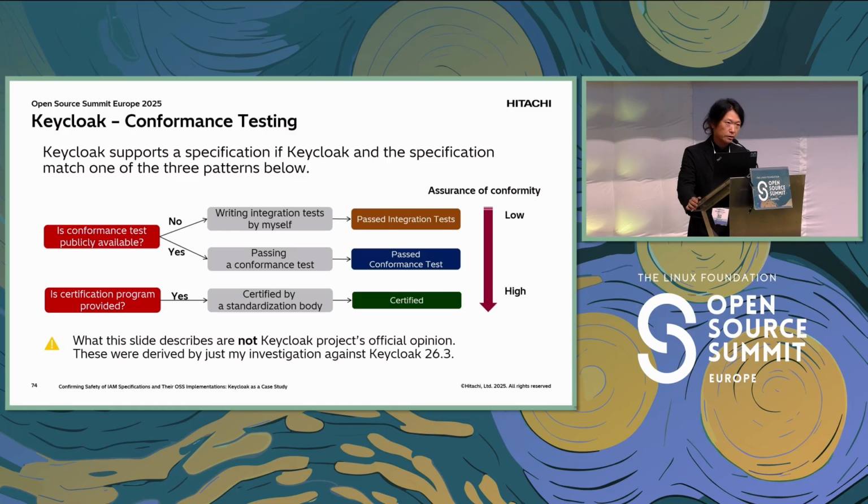And Keycloak got certified as a software product complying with several security specifications by the OpenID Foundation. We call this situation "certified." The certified situation is the highest level of assurance of conformity, while the situation where only the pass integration test exists is the lowest level of assurance of conformity.